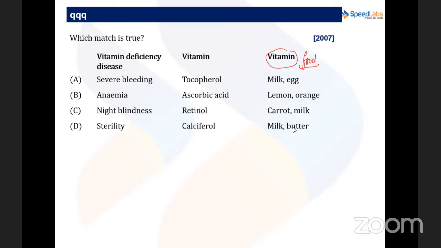So the answer to this question is option C, retinol.